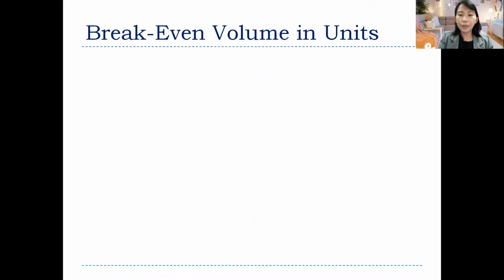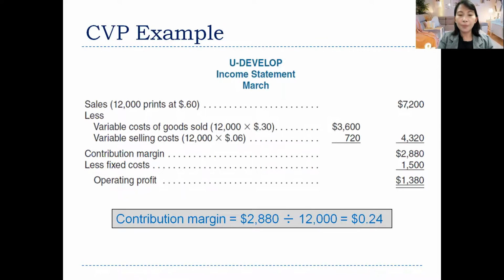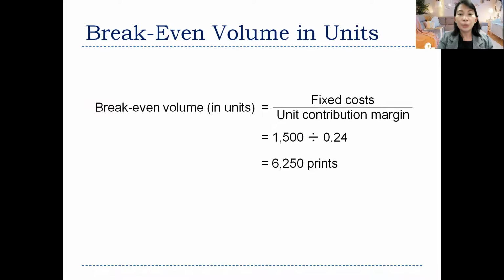Before, we have already computed the unit contribution margin, which is equal to 0.24. So your break-even in units is fixed cost divided by unit contribution margin. Your fixed cost is 1,500 divided by 0.24. So your break-even volume in units is equal to 6,250 prints.